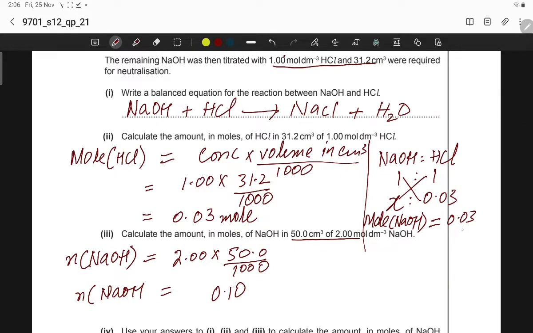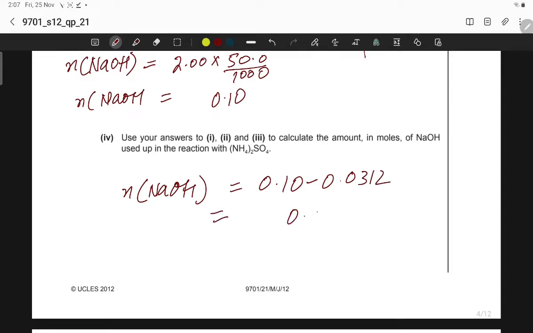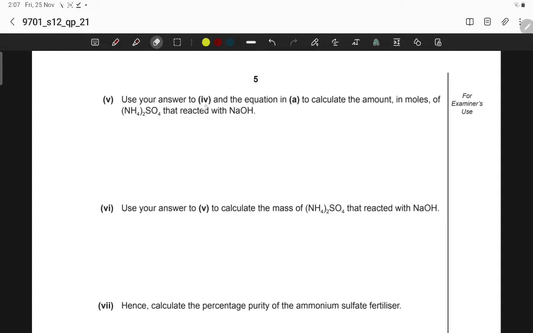This is actual mole and this is used mole. Now the moles are 0.0688.